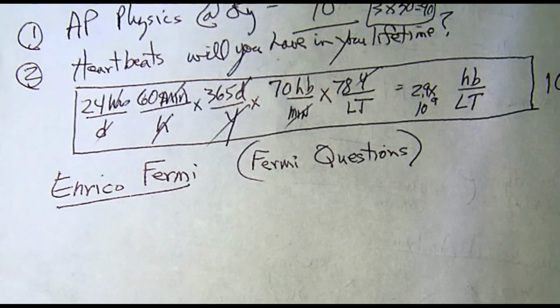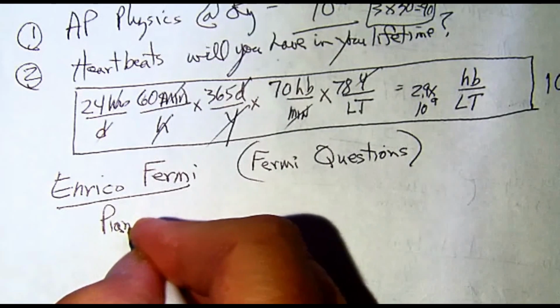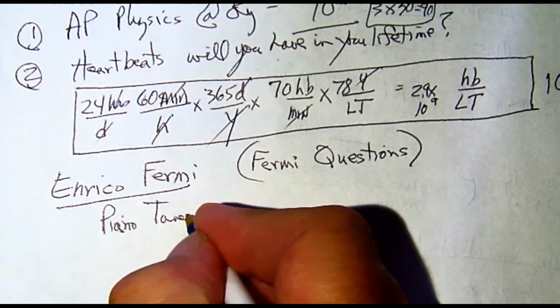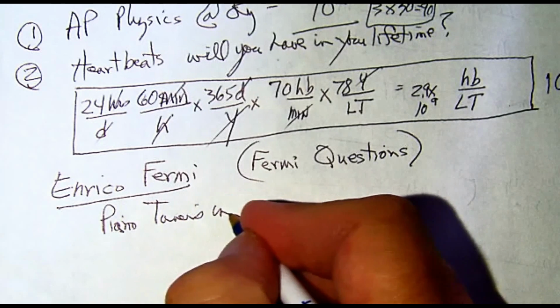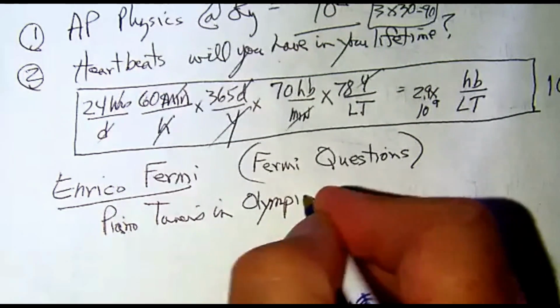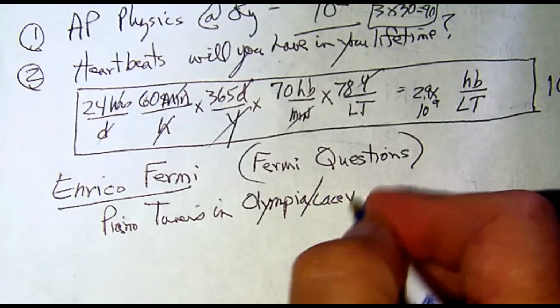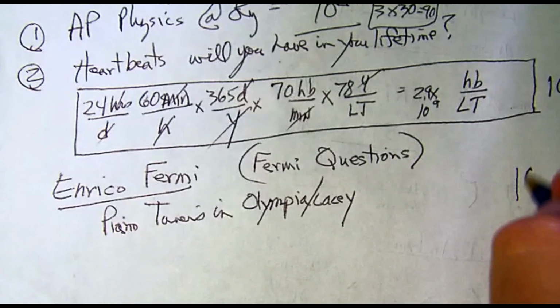Whoa. Hey, let's ask an easier question. How many piano tuners are there, to the nearest power of 10, in Olympia Lacey? I want you to just think about what you would need to know and then come up with a little guess.